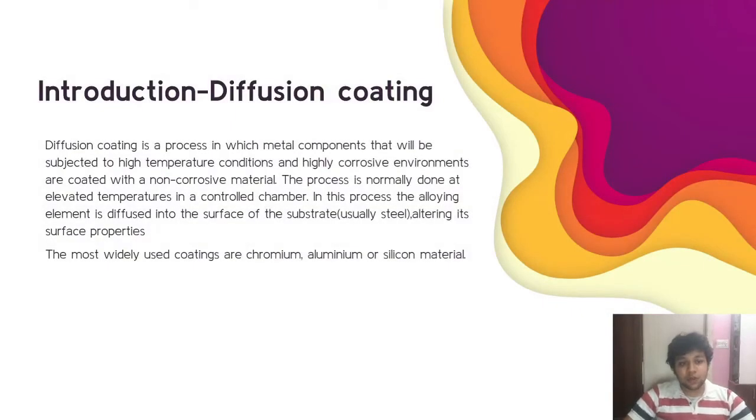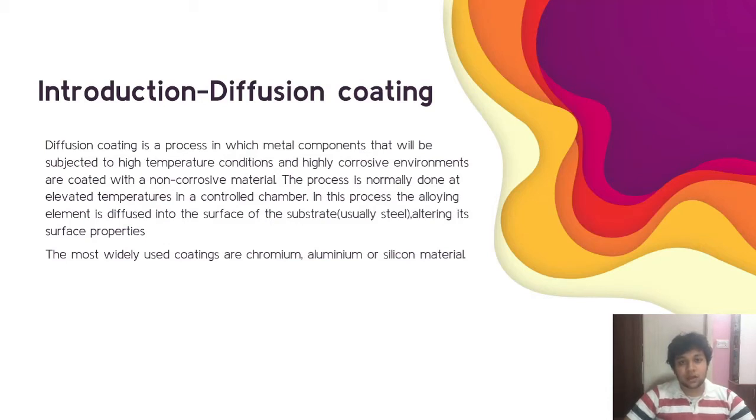A diffusion coating process is a process in which metal components that will be subjected to high temperature conditions and highly corrosive environments are coated with a non-corrosive material. The process is normally done at elevated temperature in a controlled chamber. In this process, the alloying elements are diffused into the surface of the substrate, which is usually steel, altering its surface properties. The most widely used coatings are chromium, aluminum or silicon.